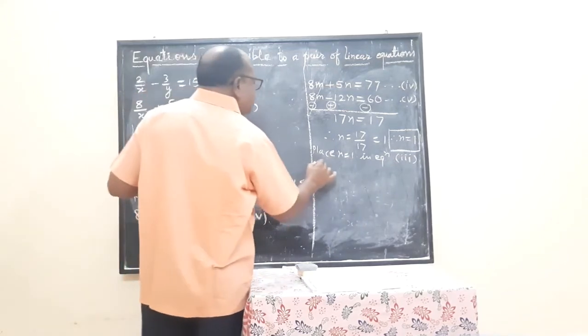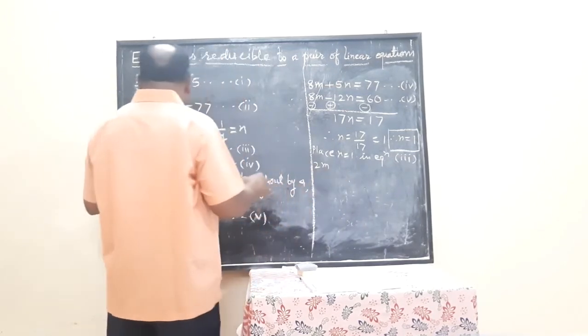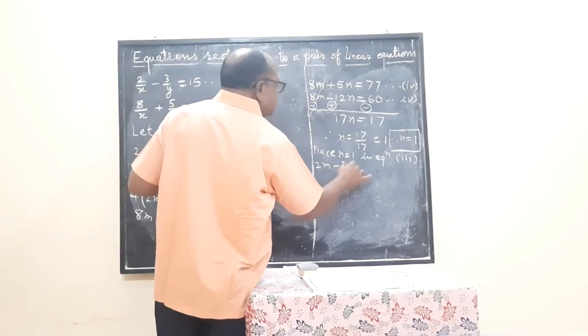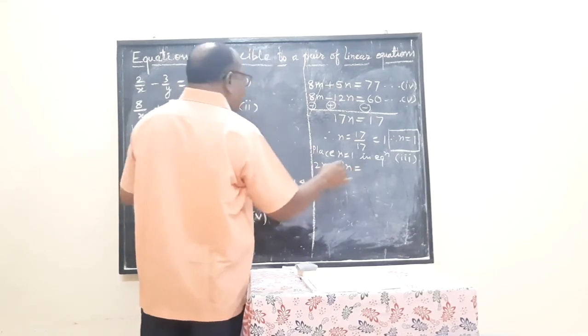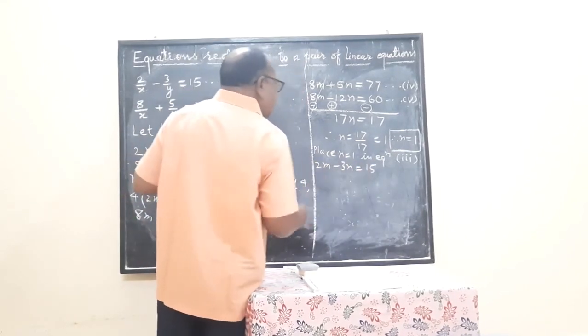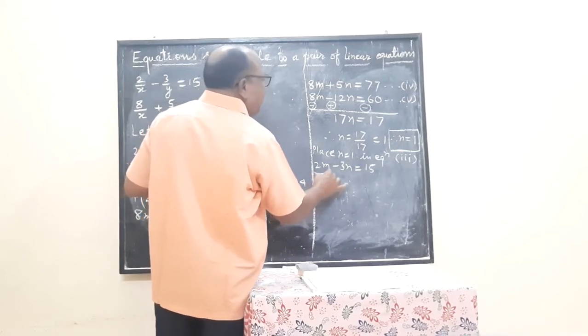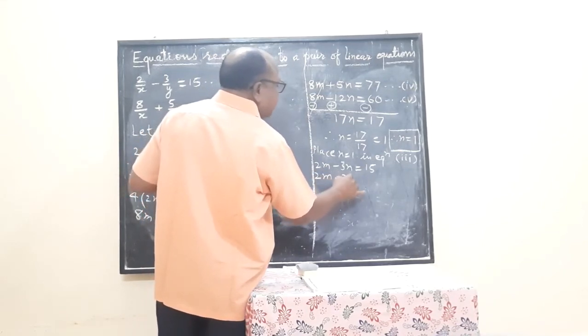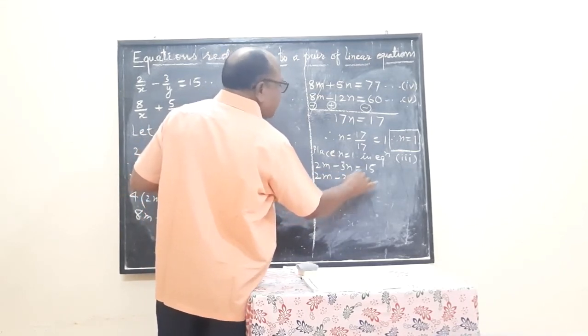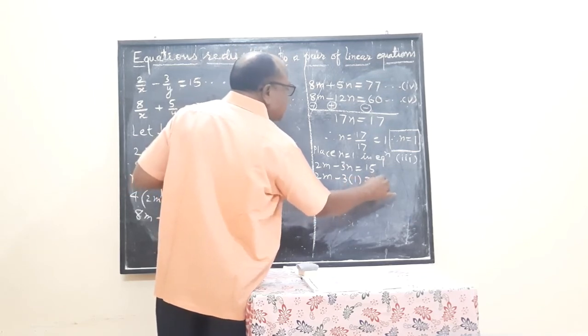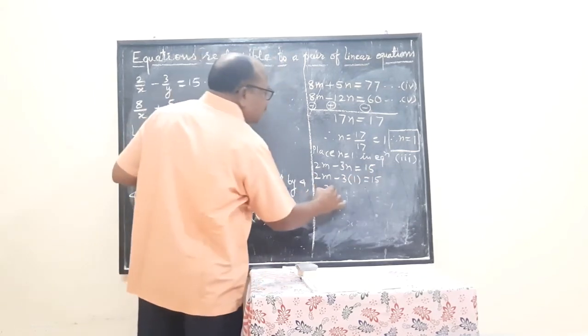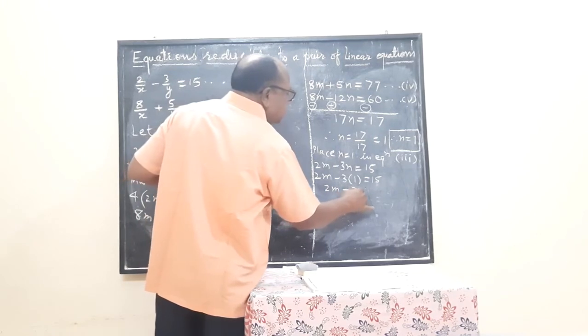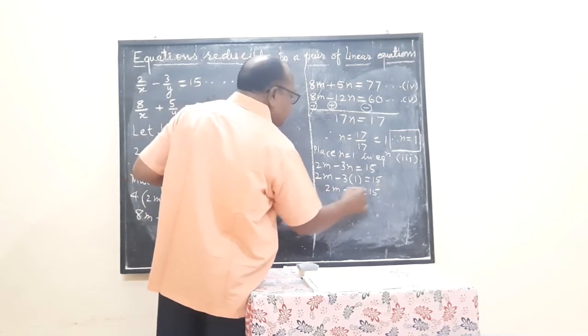Twice m minus thrice n equal to 15. 2m minus 3, value of n is 1, equal to 15. Twice m minus 3 equal to 15.